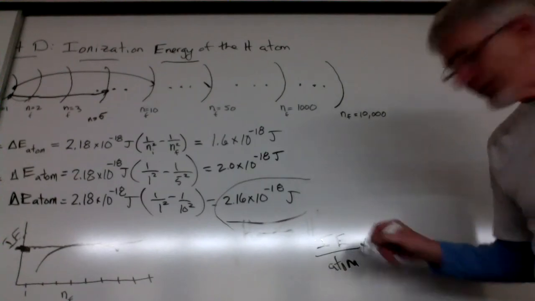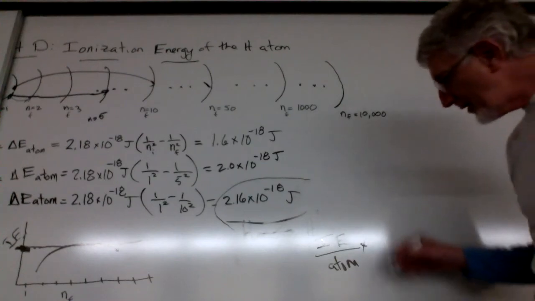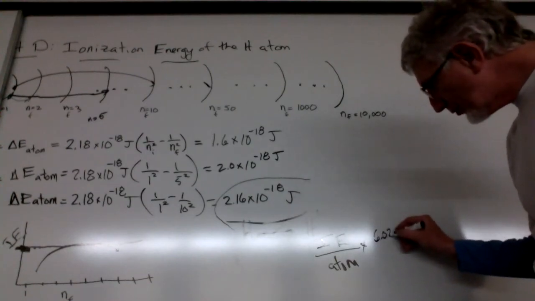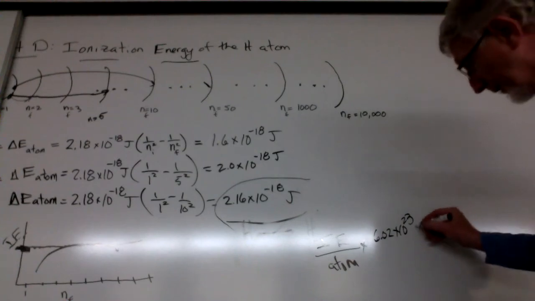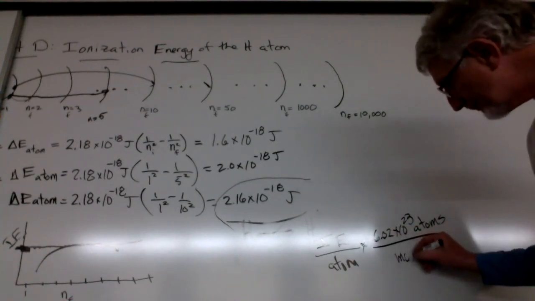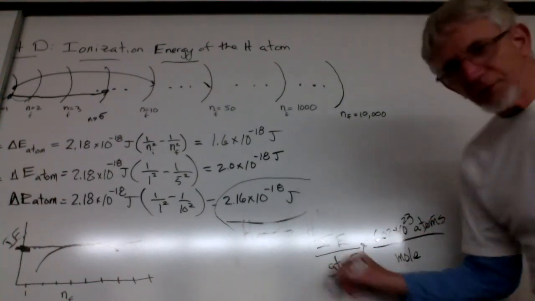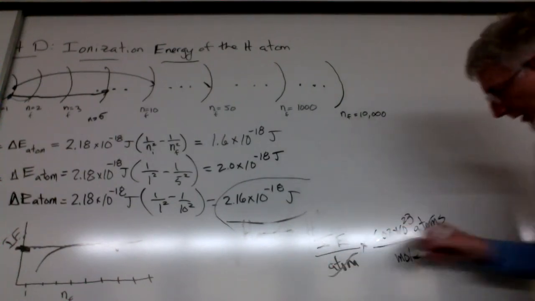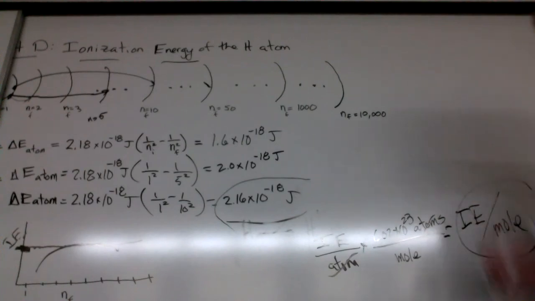You need to convert that to a per mole basis. So you just multiply through by 6.02 times 10 to the 23rd atoms per mole. Atoms cancel, and now you'll end up with the ionization energy per mole. And that's what you record in your lab report.